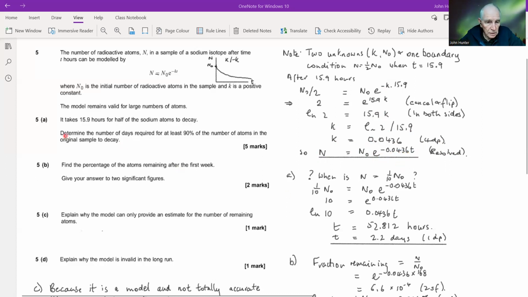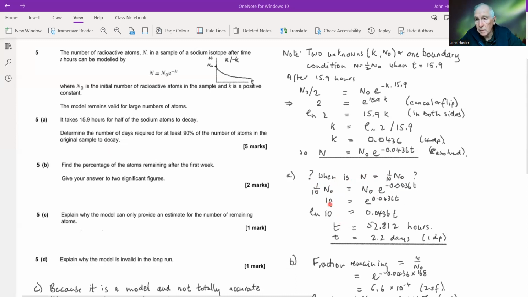It goes on to say, determine the number of days required for at least 90% of the atoms in the original sample to decay. So the question we're asking is, when is the number of atoms N equal to 1/10 N0? With that substitution, the N0s cancel.